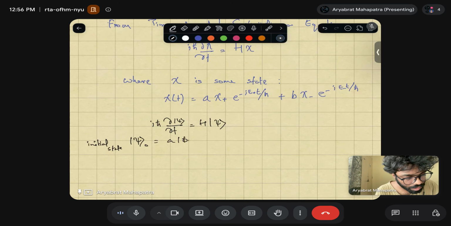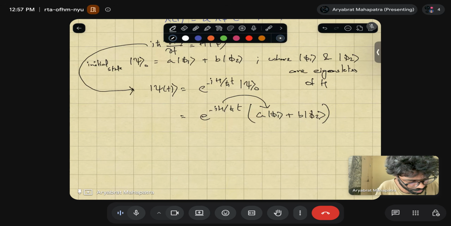So with that knowledge, I can simply write psi of t as some coefficient a, exponential minus i E1 over h bar t, phi 1 plus b exponential, again minus i E2 over h bar t, phi 2.